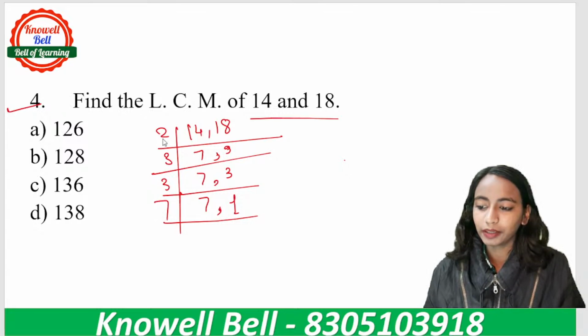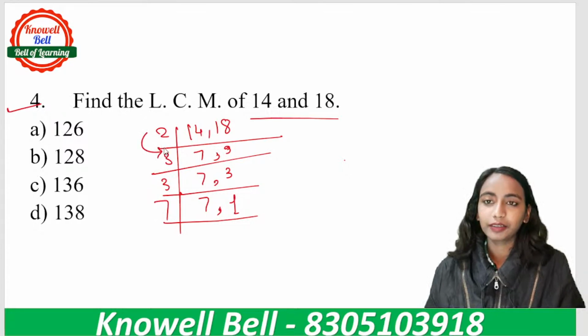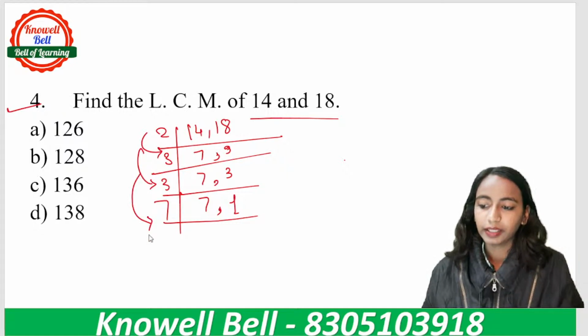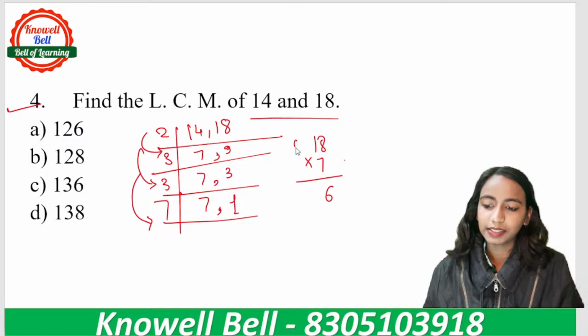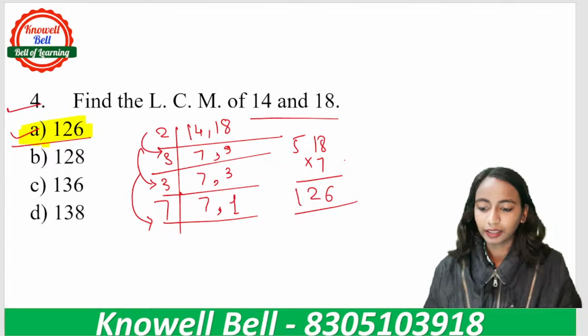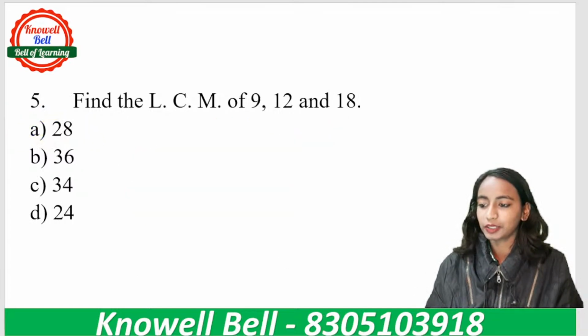So we have to multiply it. 3 twos are 6, 6 threes are 18. 18 into 7 would be how much here? Try to do it. 6, 5 carried over here. 126. So the right answer for the question will be option A, 126. Clear everyone? We will go with the next question now.